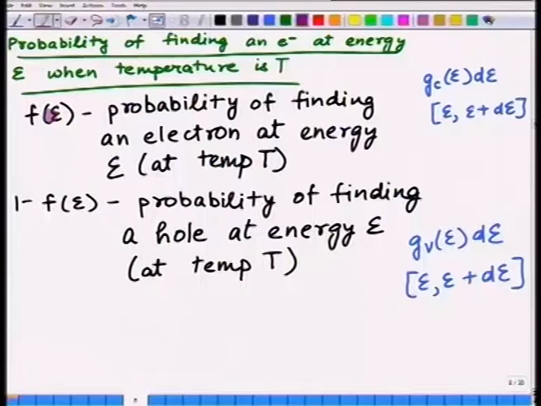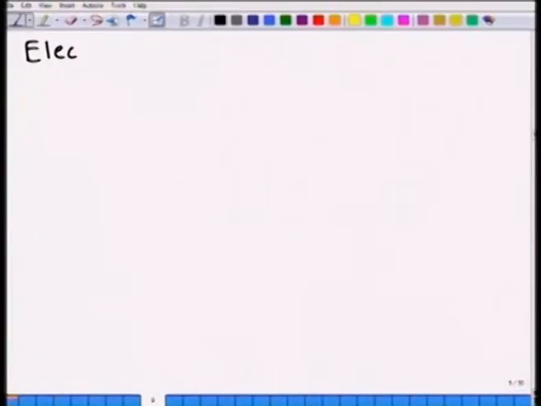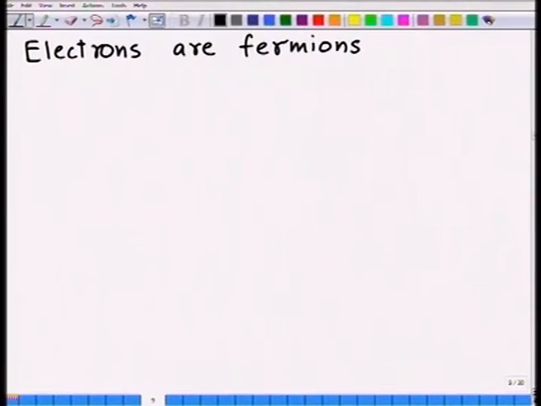So now electrons are fermions. That means the spin is half-integer spin in there. Just think of it like that only at this point of time. Electrons are fermions.